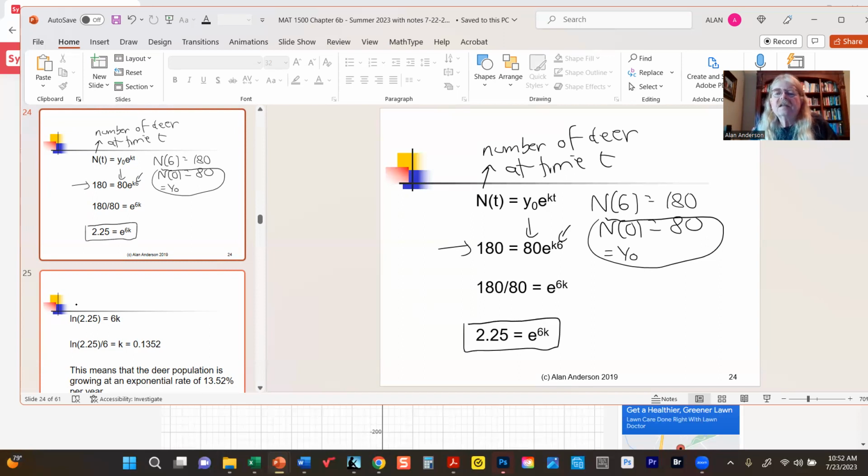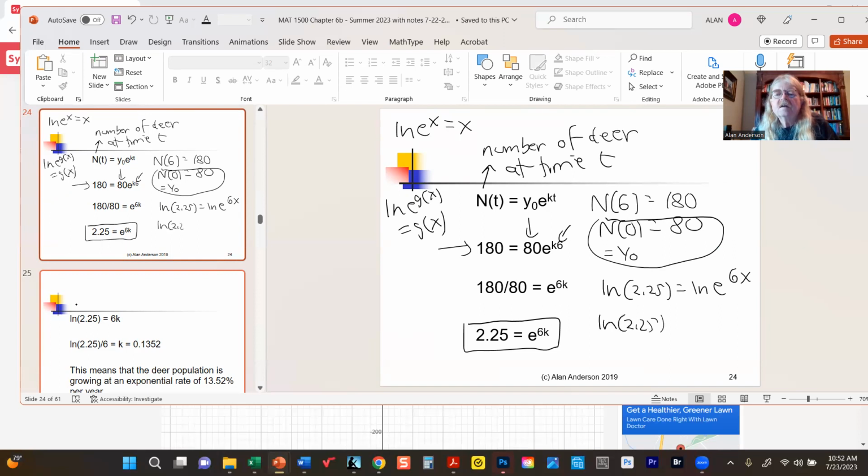Now what we're going to do is take the natural log of both sides, because the log of e to the g of x is just g of x. So the natural log, this is just a constant. All we have to do now is divide both sides by the 6, and we're all set. Whatever that number is, that is our annual growth rate.